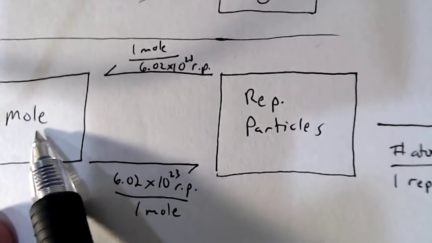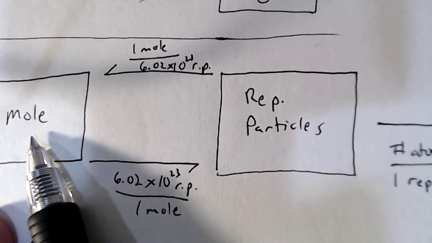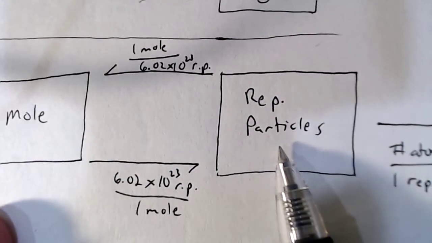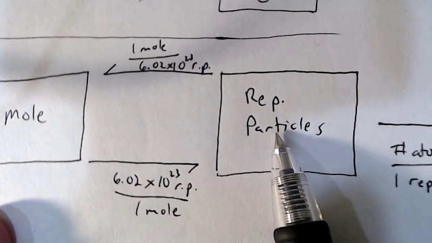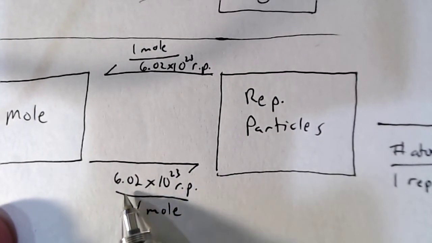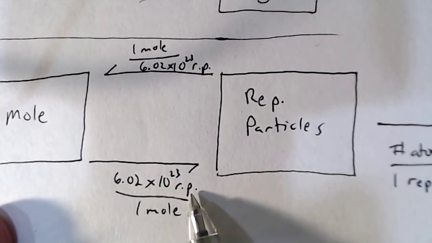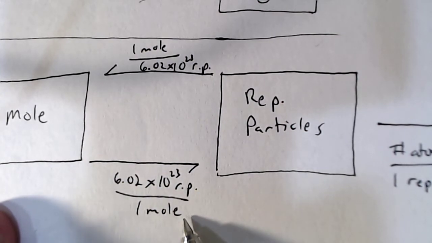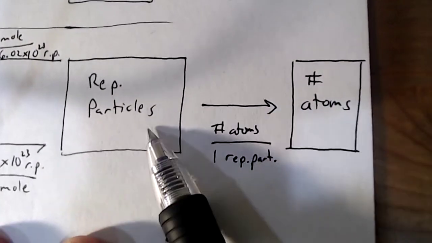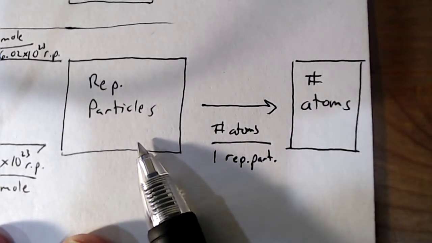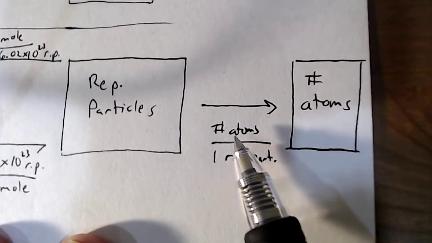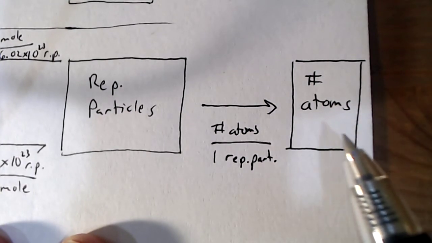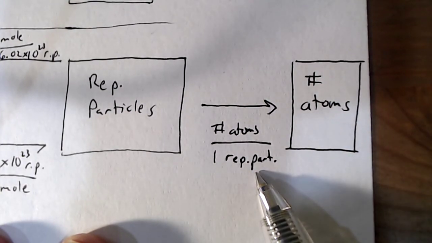We had a mole of molecules of O2. To first convert from moles of O2 into molecules of O2, we multiplied by 6.02 times 10 to the 23 molecules per mole of O2. And then to go into atoms, we went from the number of molecules of O2 into atoms of oxygen by multiplying by this unit conversion factor, which says the number of atoms of oxygen per molecule of O2.